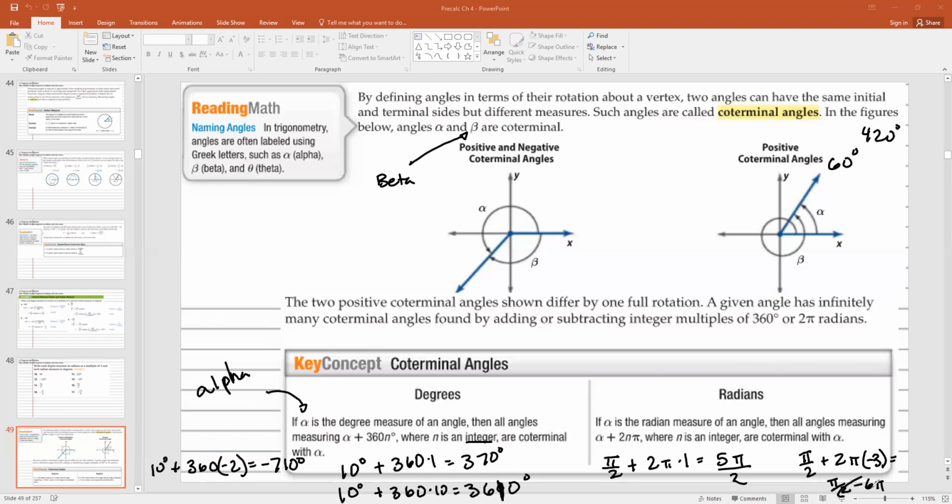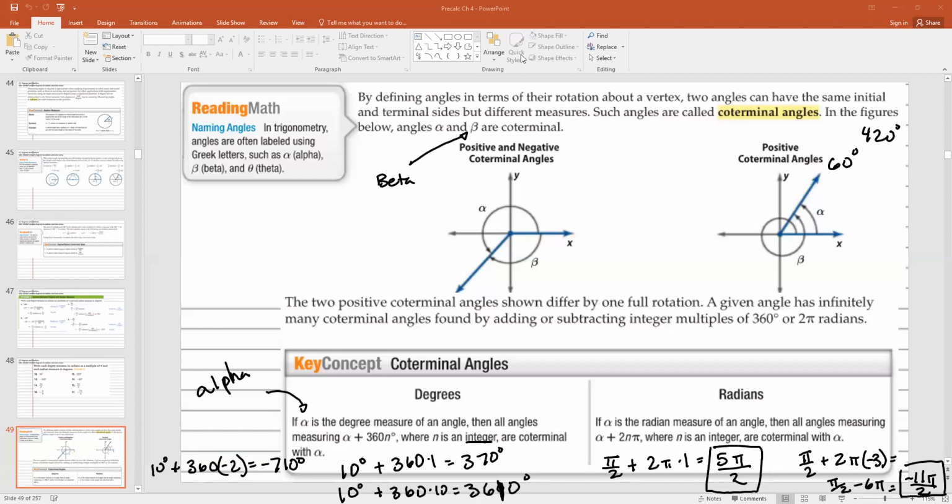So here, again, multiply. 2 times negative 6 is going to give us negative 12 plus the 1, plus the numerator. So negative 12 plus 1 is going to give us negative 11. So negative 11 pi, and the denominator should stay the same, over 2. Okay, so these are coterminal as well.